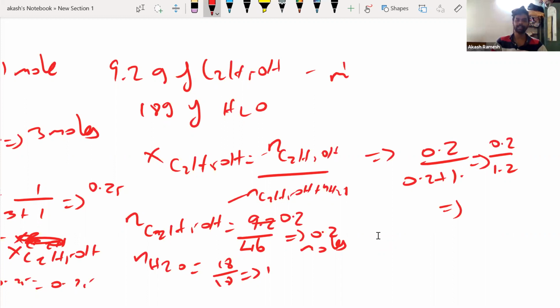Find the molality of the glucose solution. Okay, now see, they have just given the mole fraction and there is nothing about total number of moles. So you know what you have to do.